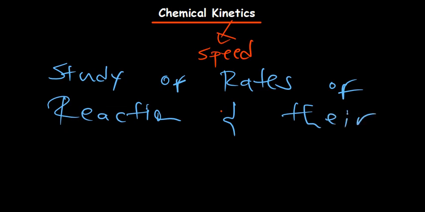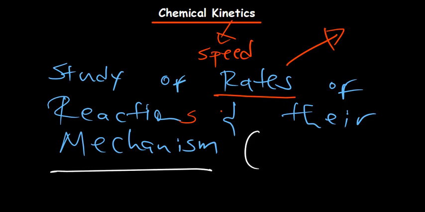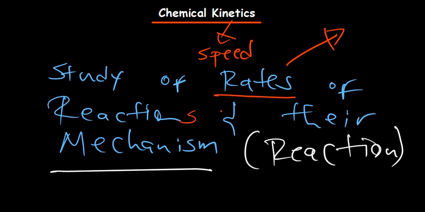You don't end on looking at the speed, because I believe you understand that whenever you're talking about the rate, it involves the time aspect, right? How long it took for something to happen. That's what the rate is. So the study of rates of reactions and their mechanisms. What basically happens for that reaction to proceed? That's what chemical kinetics is concerned with. Just these two things.